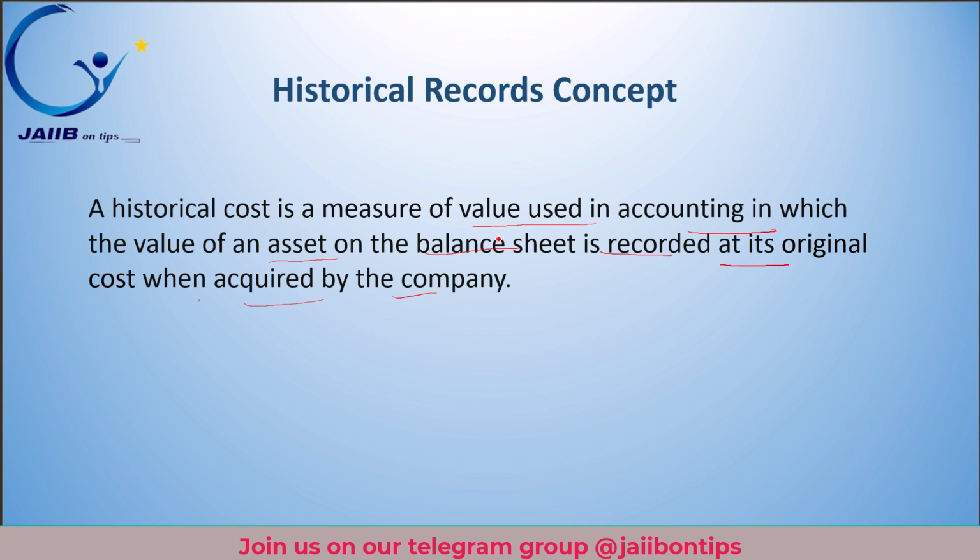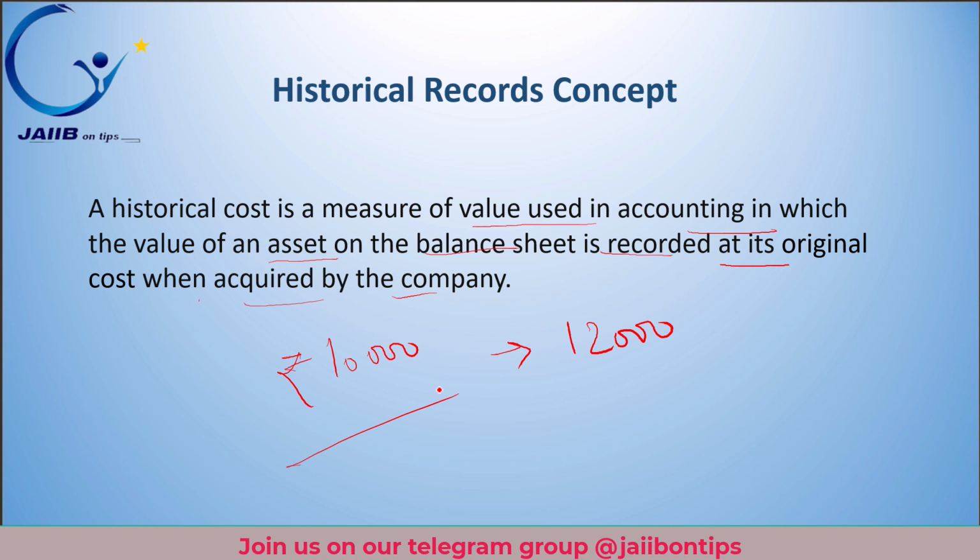For example, let's say a company buys a piece of machinery to use in its factory. At the time of purchase, the machinery cost rupees 10,000. But now it costs rupees 12,000. But according to the historical cost concept, the company will record the machinery in its books at its original cost of rupees 10,000, even if the machinery's value goes up or down over time, right?